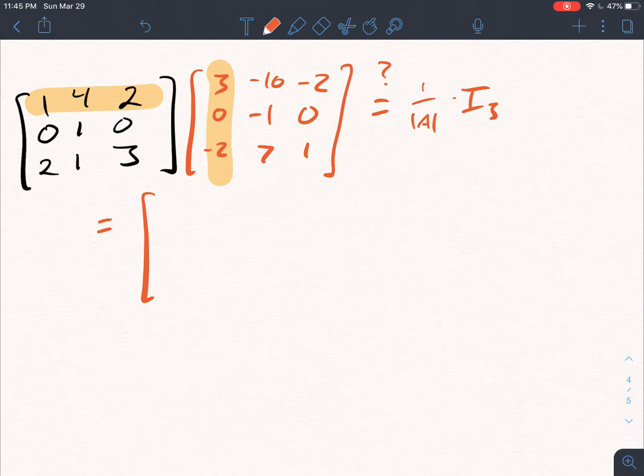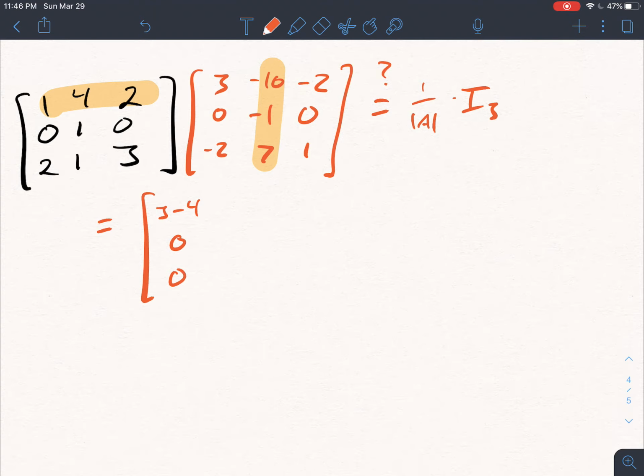Row 1 times column 1 would be 3 plus 0 minus 4. Oh, that's good. What's my 2, 1 entry going to be? 0 plus 0, so that one's just 0. What about the 3, 1 entry? That'll be 6 plus 0 minus 6. That one is 0, so I'm happy with that. What about row 1 times column 2?